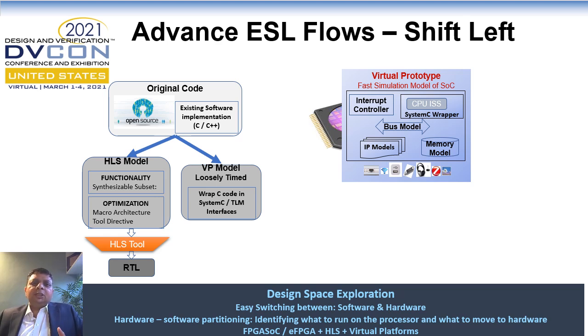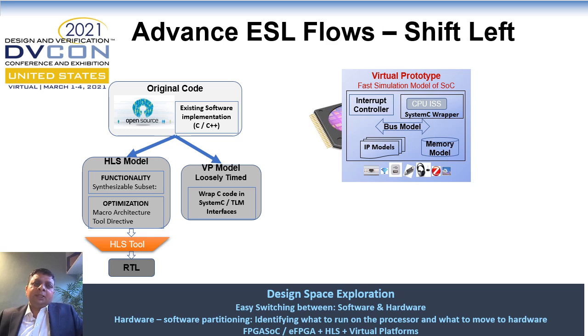All these use cases require different kinds of models developed at different abstraction levels with different accuracy of timing and functionality. With the right set of adapters and transactors, we can combine different kinds of models to create advanced ESL flows, thus enabling a powerful shift-left mechanism throughout the entire design and verification cycle of an SoC.